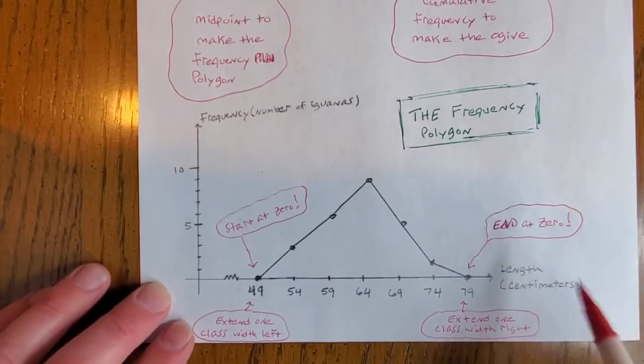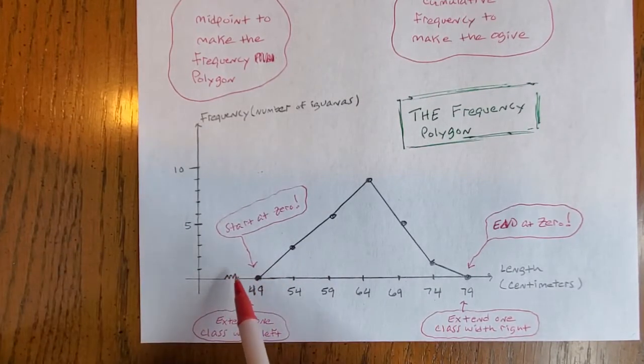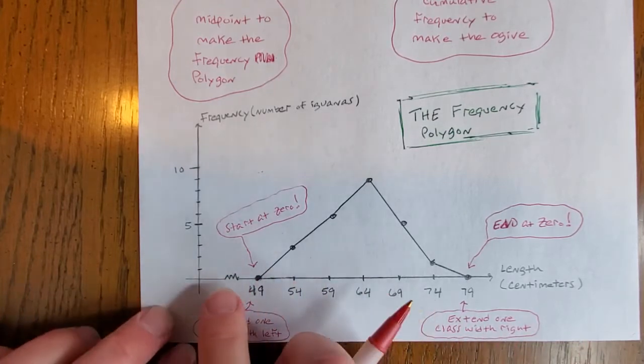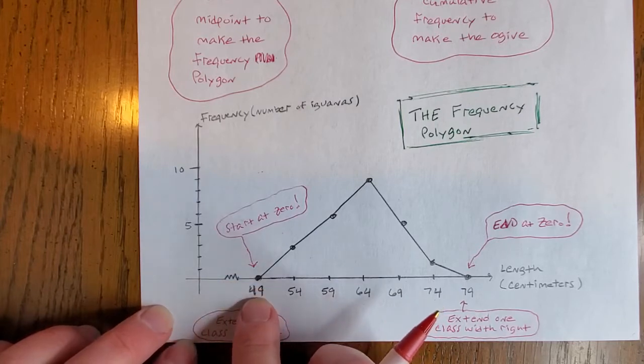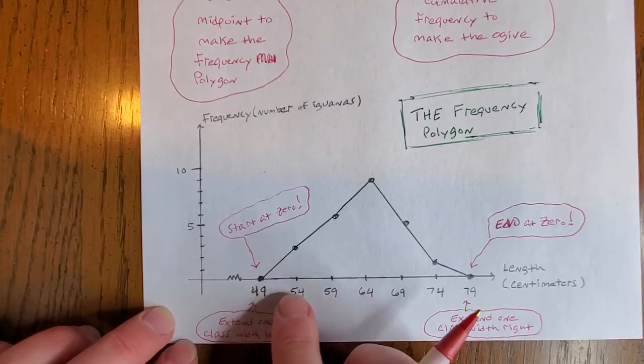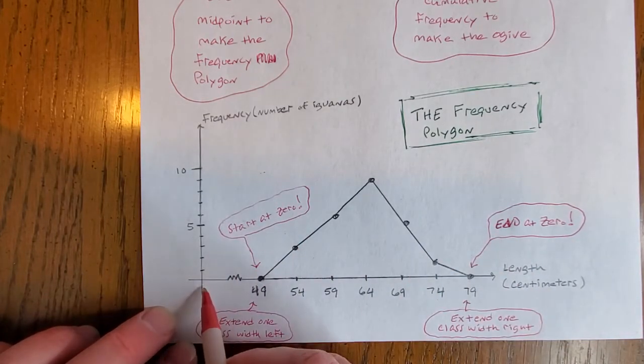One thing that I realized I didn't mention in the other videos is, you see this jagged zigzag right here? That means that we're skipping some of the axis. Because you see this is 49, and then that's 5 more at 54. But think it would be awkward to count from, what is this first number on the horizontal axis right there?